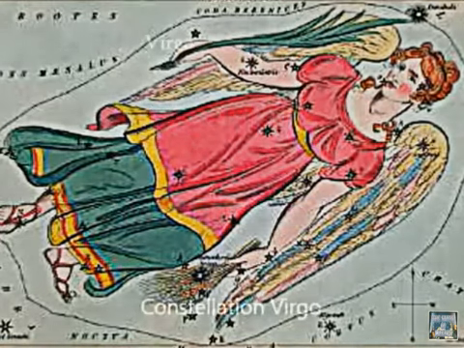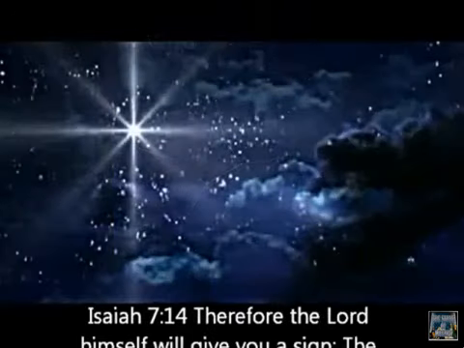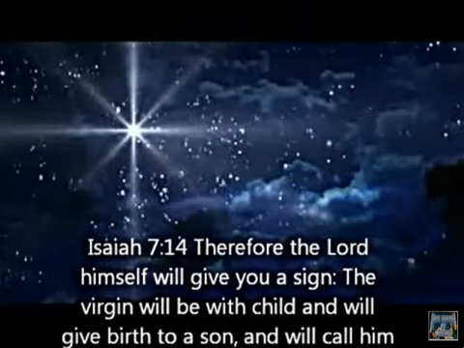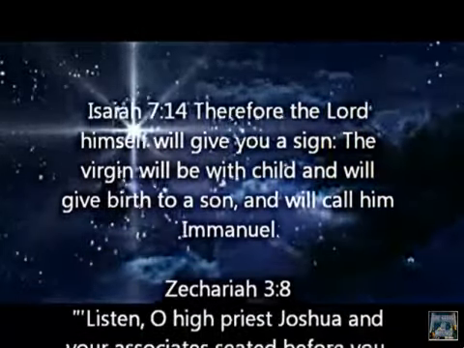So we see that this could be obviously tied to Scripture, because Isaiah tells us, "Behold, a virgin shall conceive and bear a son." Concerning the branch, we read in Zechariah 3:8, "For behold, I will bring forth my servant the branch."